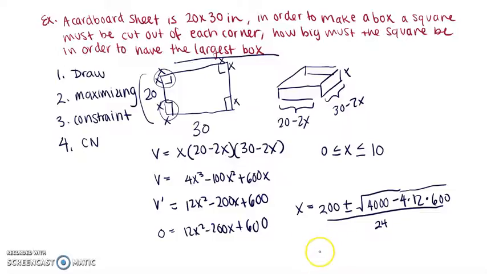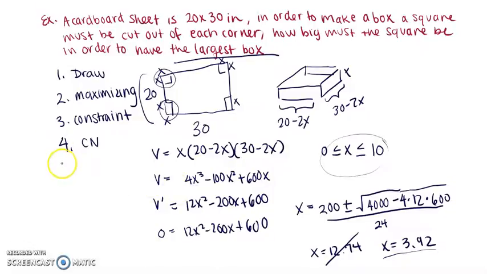Now, if we plug that into a calculator, we will get x equals 12.74, or we get x equals 3.92. And obviously, x cannot be 12.74 because it is larger than 10 in our interval here, so that would be crossed out. So our critical number, and our only critical number, is 3.92.